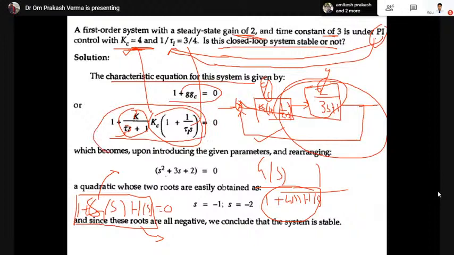When you solve this equation, you get s square plus 3s plus 2. Okay. And when you compute the roots, you get s equals minus 1 and s equals minus 2. So both the poles are lying in the left hand side, the negative side, so you can say the system is stable.